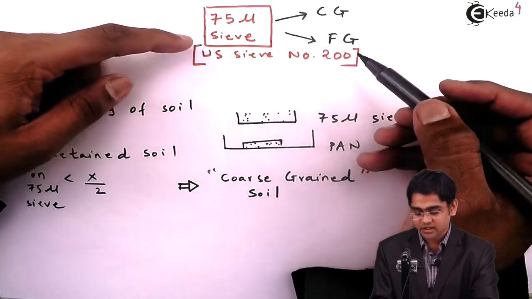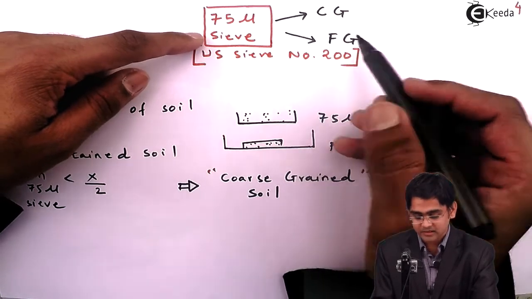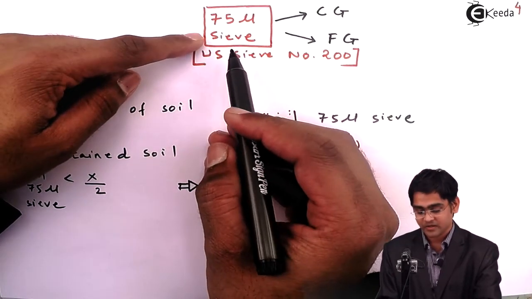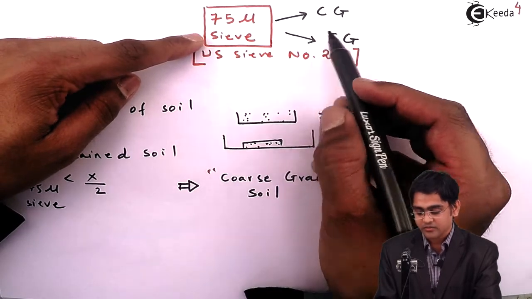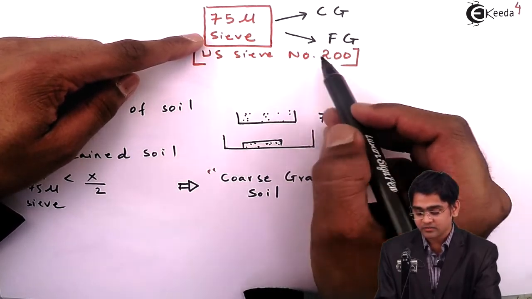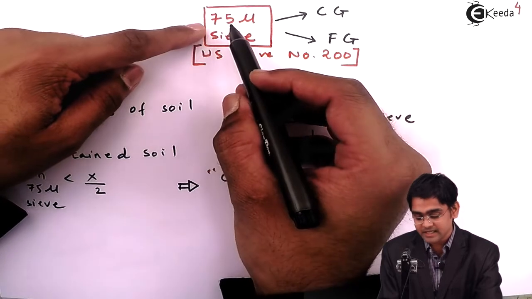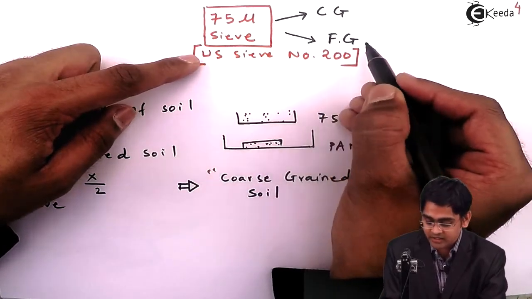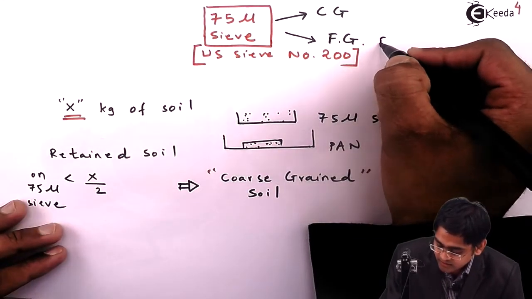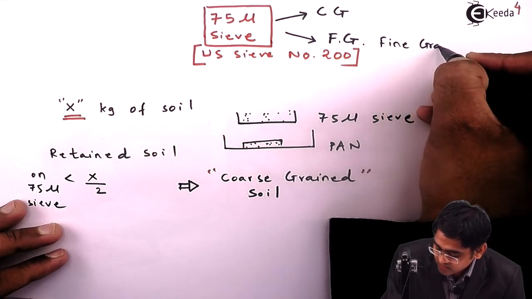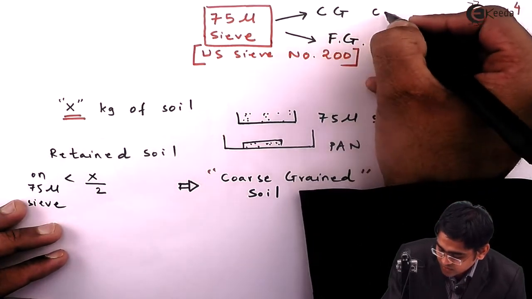If 50% or more than 50% of a soil has a size less than 75 micron, then we call it fine-grained soil. Here it is fine-grained, here it is coarse-grained.